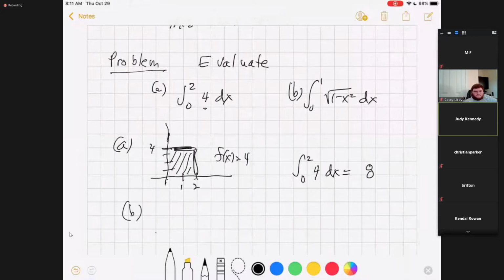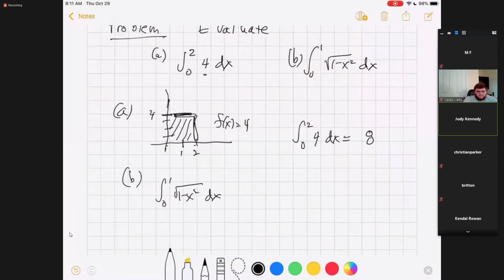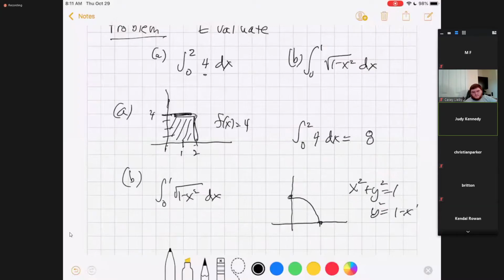And again, I'm hoping this corresponds to something I can compute the area of. Well, the square root of 1 minus x squared, that's actually part of a circle, right? The unit circle, in fact. You get y squared is 1 minus x squared. So y is plus or minus the square root of 1 minus x squared.